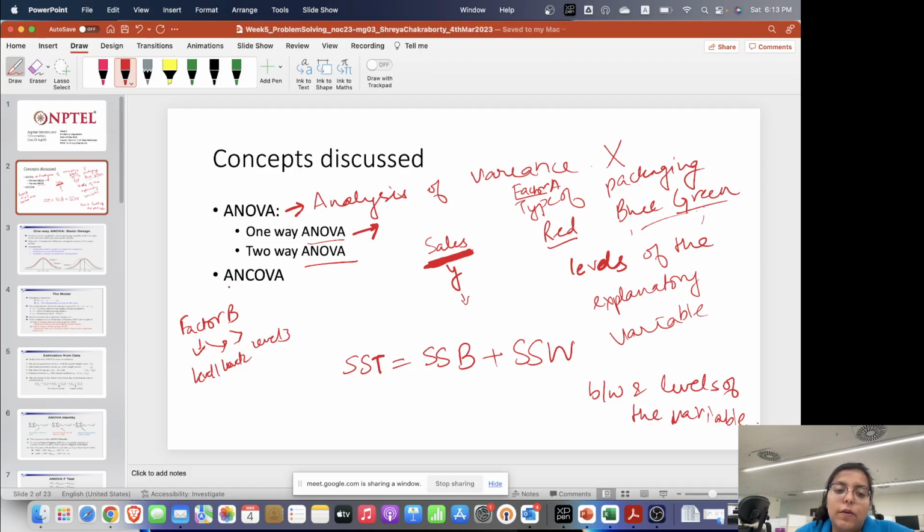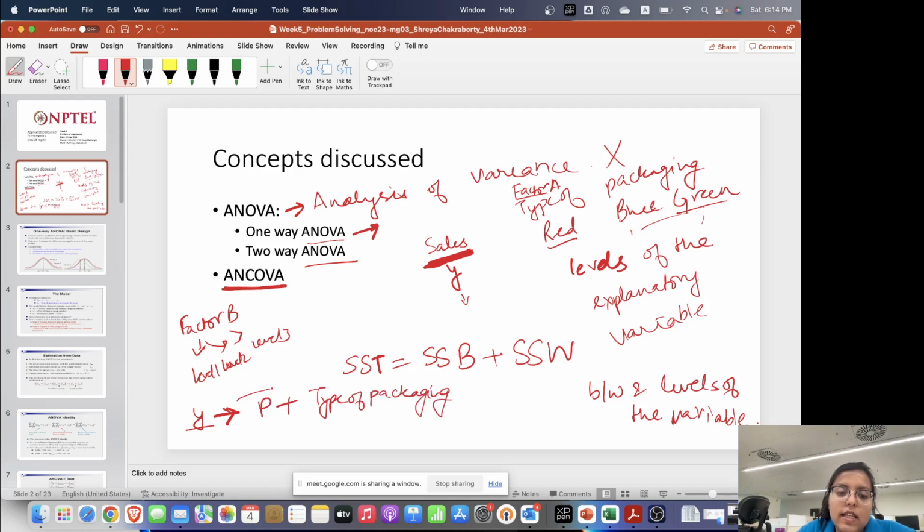Okay, and what we mean by an ANCOVA model is that we have a response variable y, and there are some predictors which are continuous variables. So let's say the sales is dependent on price plus some type of packaging.